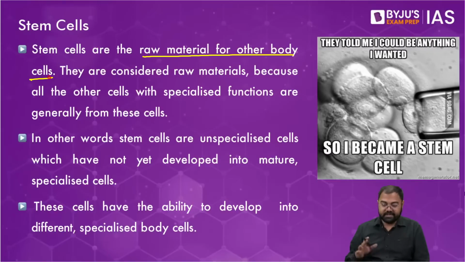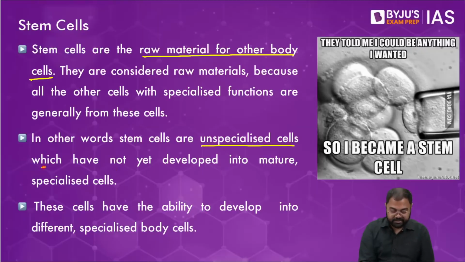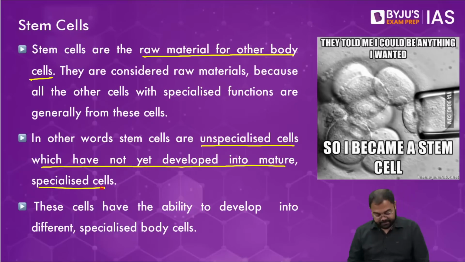They can grow into any kind of cell, but with certain restrictions that automatically come in some of these cells, and we'll discuss that as well. These are unspecialized cells which have not yet developed into mature specialized cells.